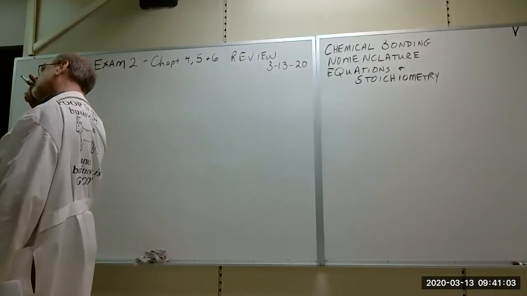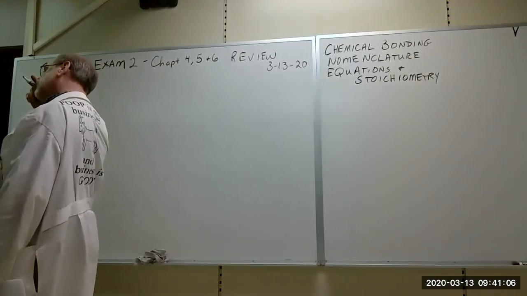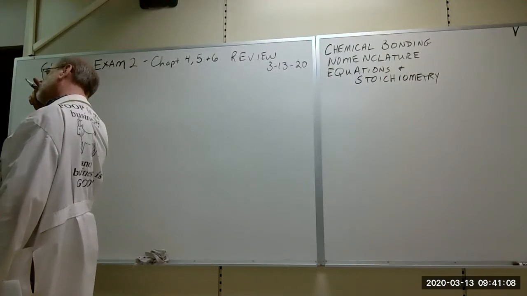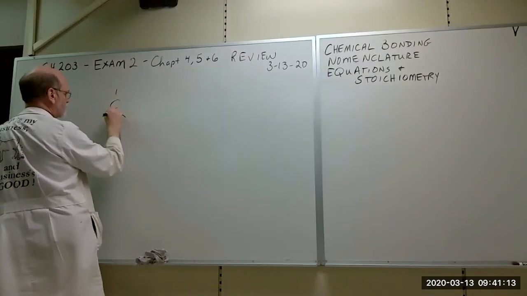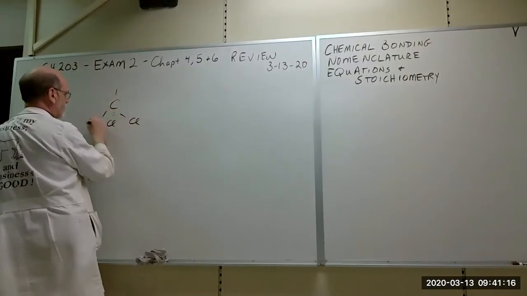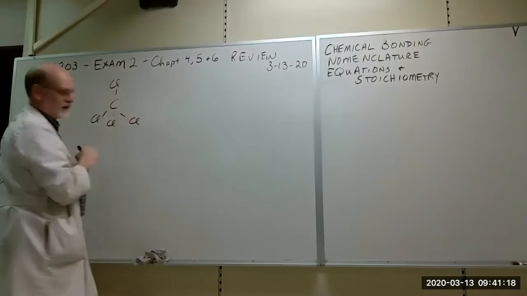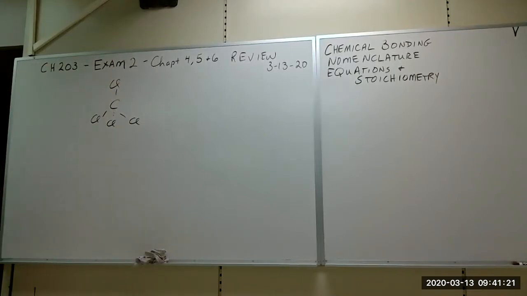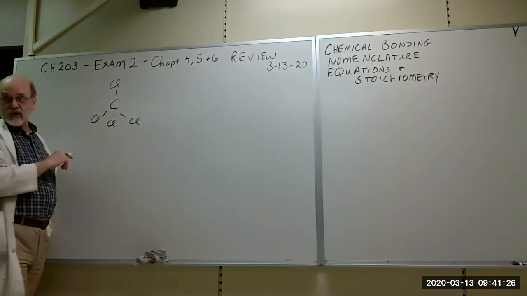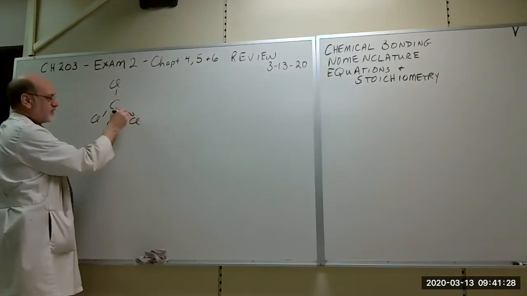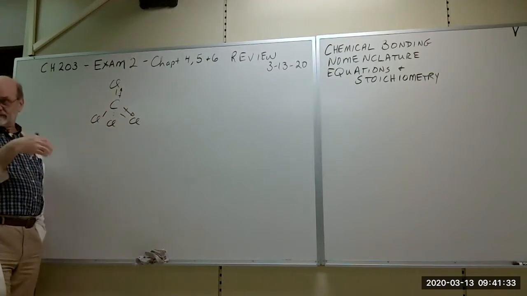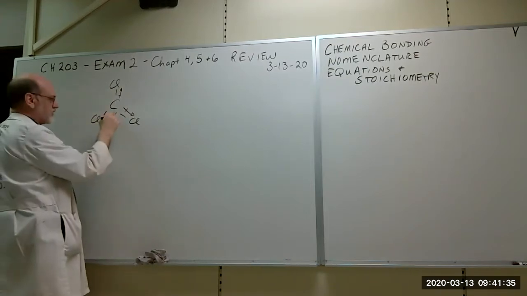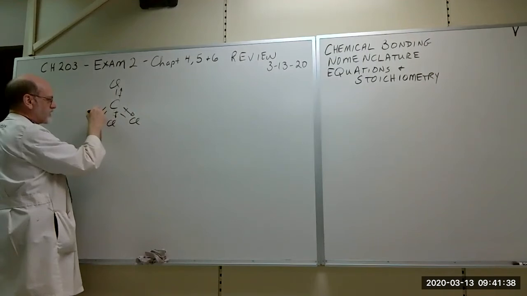Let's see. Carbon tetrachloride. Chlorine is more electronegative than carbon, right? So the individual bonds are like that. And that's our symbol for polarity. Right? So the bonds are polar in that direction.